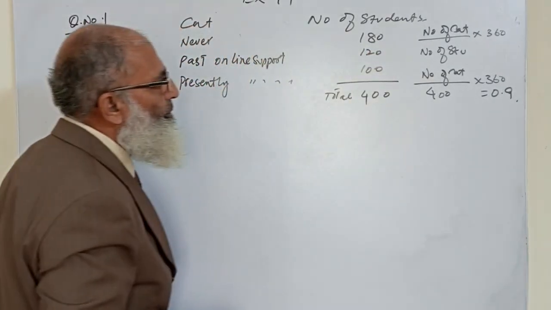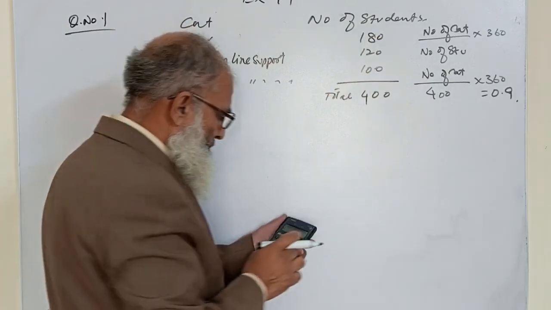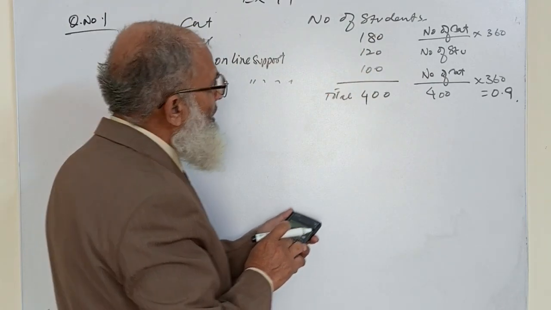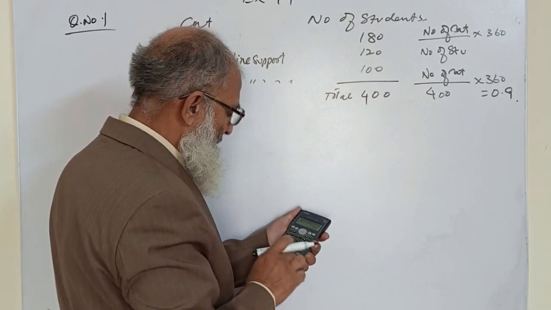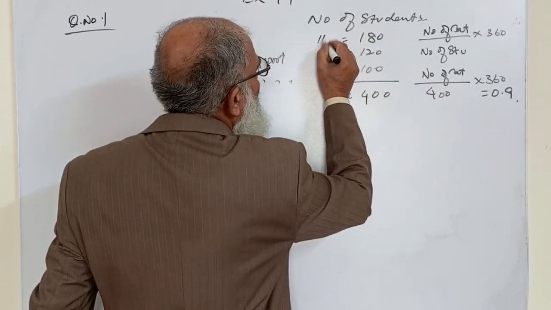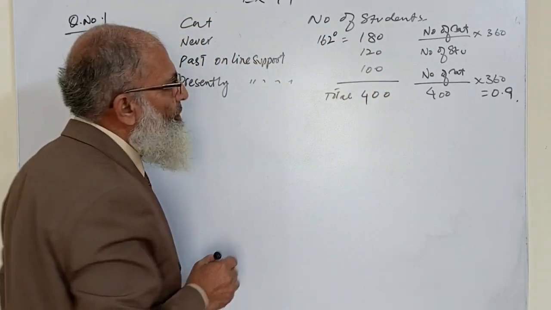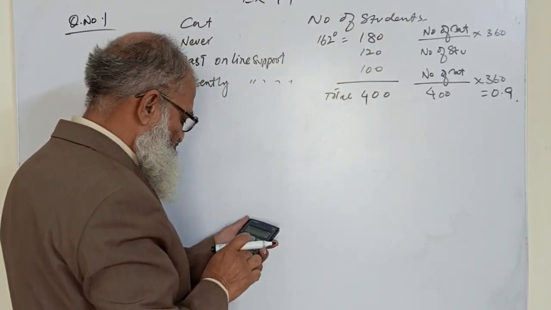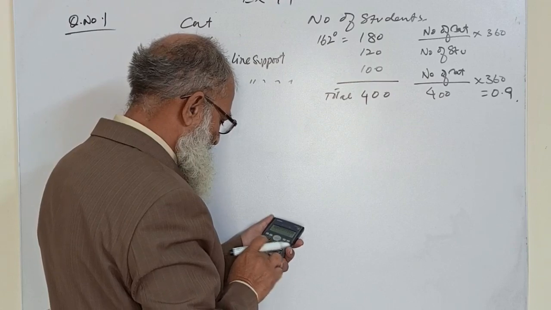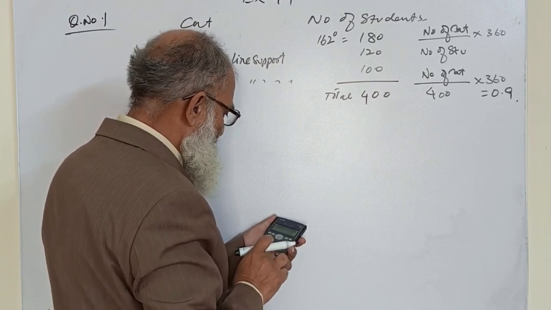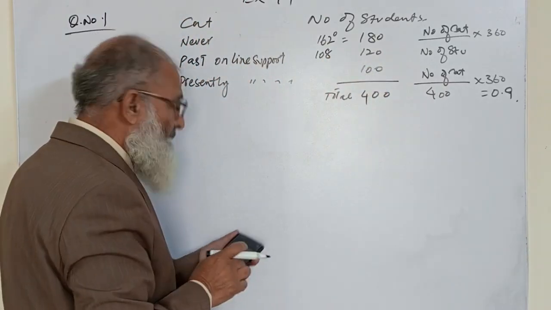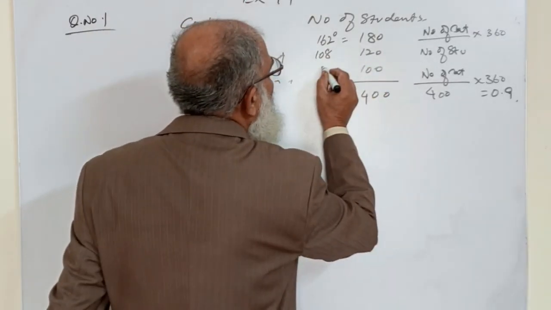So 0.9 multiplied by 180, it will become 162 degree. For 120, 120 multiplied by 0.9 is 108, and for 100, it is very obvious, it will become 90.